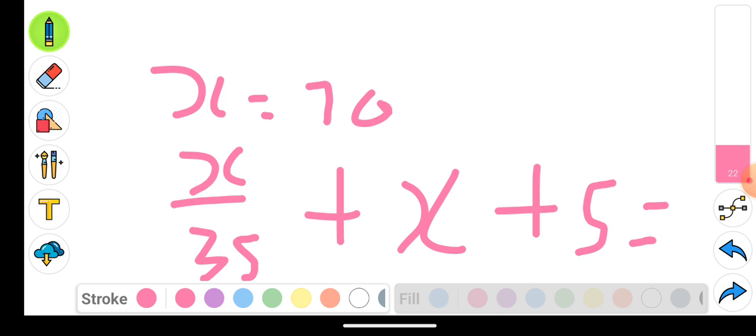And then 72 plus 5, which is the last step, gives your answer as 77. And that's how all of the main 4 operations are portrayed in algebra.